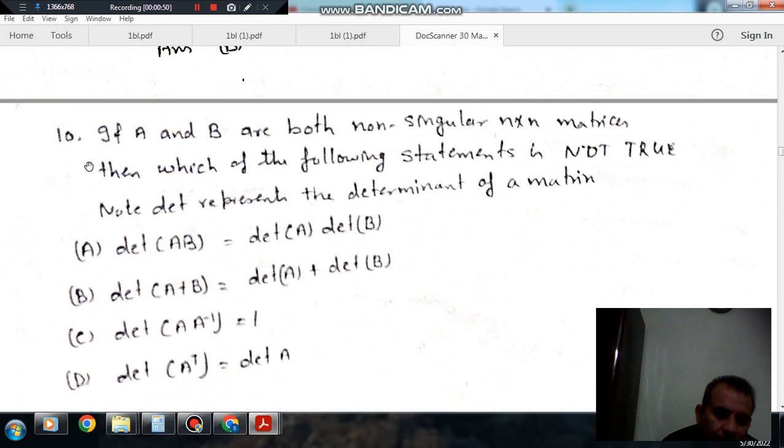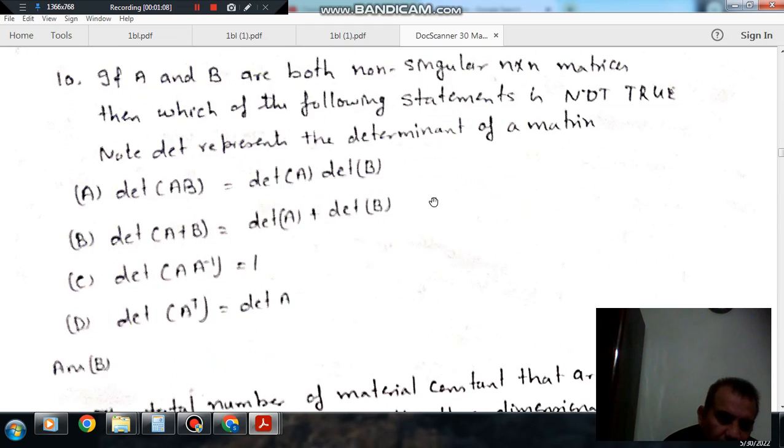Next, question number 10. If A and B are both non-singular n by n matrices, then which of the following statements is not true? Here det represents the determinant of the matrix.